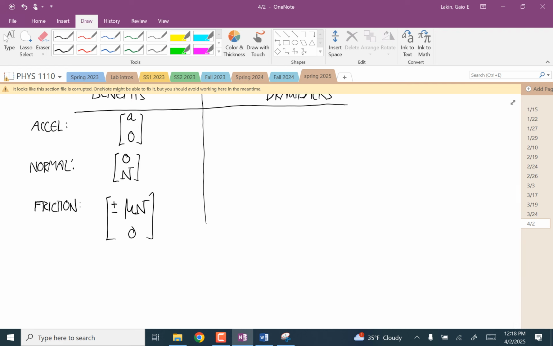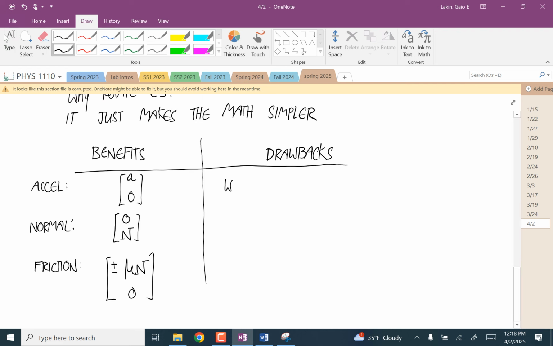So the weight force, this is the one drawback. We're going to have to represent this as the magnitude of that weight times the cosine of some angle. I'll call this angle the Greek letter phi. And then mg times the sine of some angle.